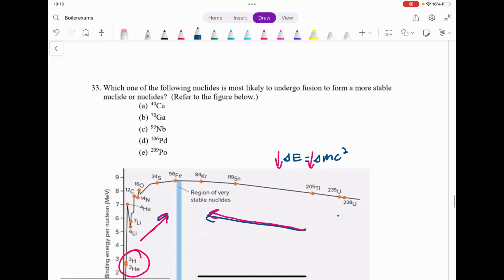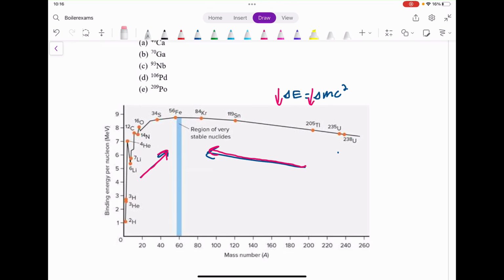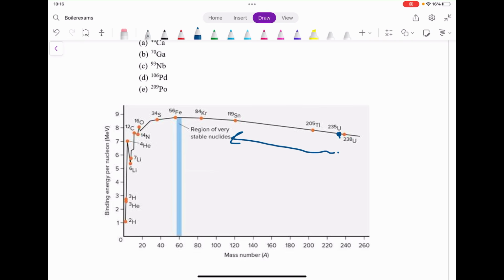Let me give the exact same explanation. It doesn't show it here, but fission takes, well, imagine uranium-235, and it moves it in this direction because this is the most stable nuclide, and it even says it. We know the relationship delta E equals delta mc squared.